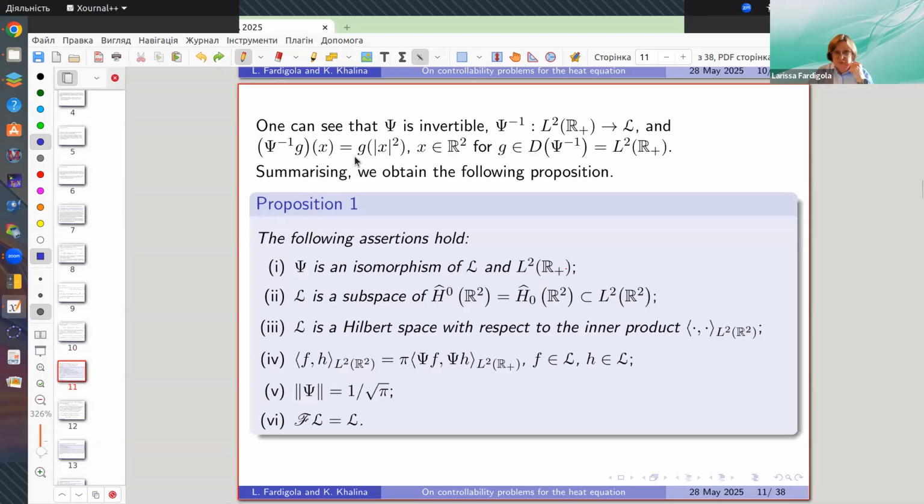This operator is invertible, so if we have a function G, we can obtain a function f, and this operator phi is an isomorphism of L and L2 of R plus.